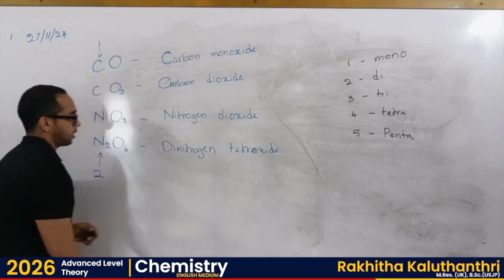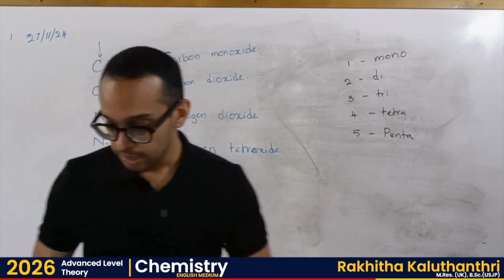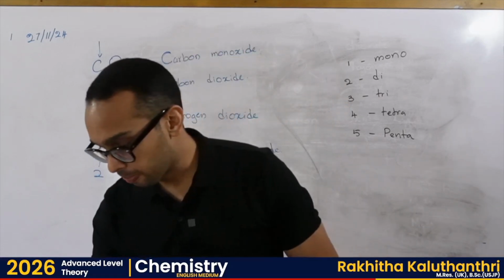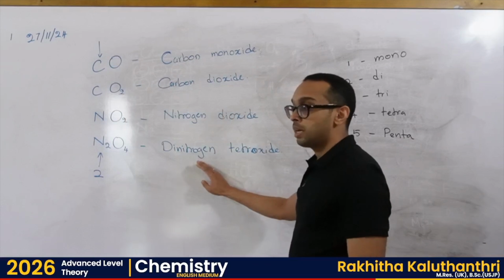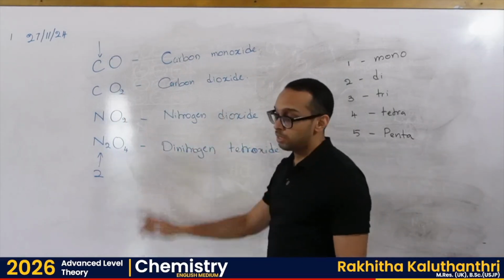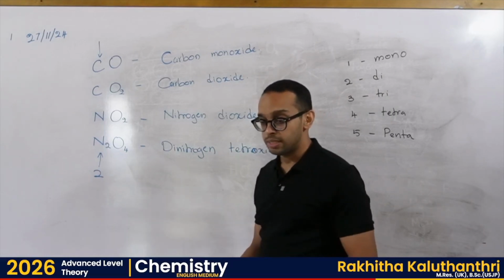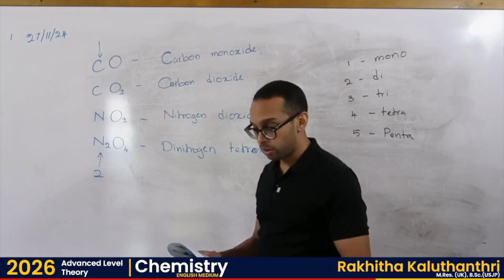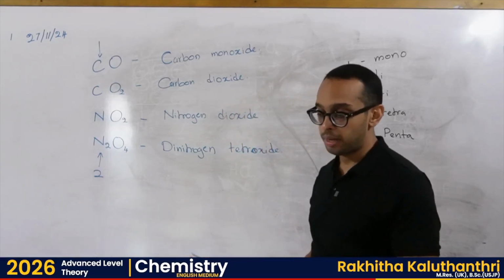Dinitrogen tetroxide. Is that clear? Do you understand? If you have any questions, now would be the time to ask. This is how you would normally write these names. Especially when it comes to the very first element, you need to know how to use the prefix. Okay. So afterwards, we move on to the proper naming rules.